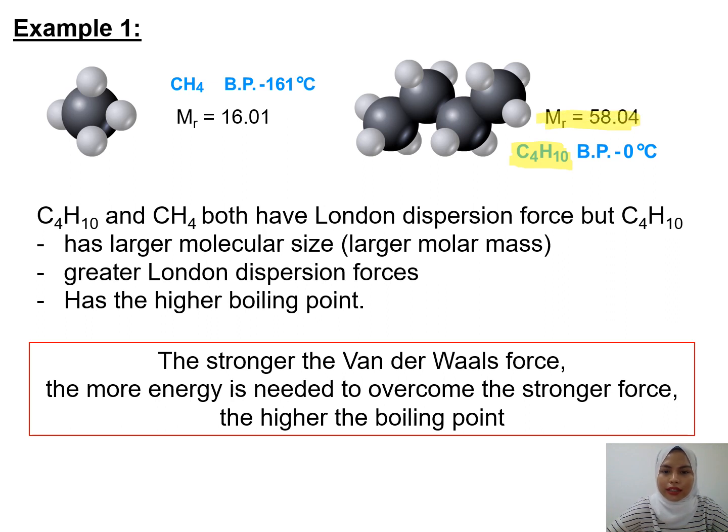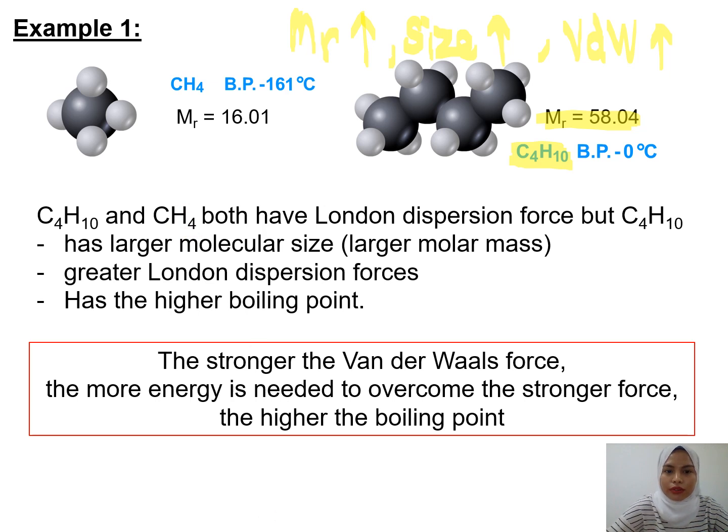Therefore, kita ada buat kesimpulan kalau molar mass tinggi, kiranya the size of the molecule will be bigger, and therefore the van der Waals forces will become stronger. So from here, I can conclude that C4H10 and also CH4, dua-dua ni mereka non-polar molecule.